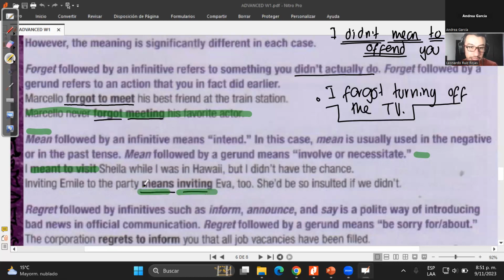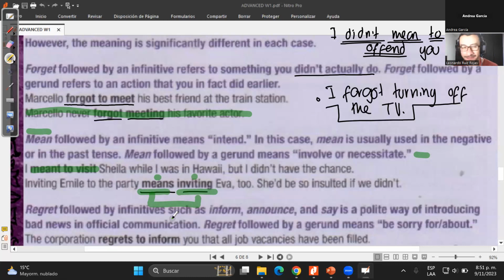In the other case, it's my intention. In this case, one thing causes the other. For example, studying English means dedicating a lot of time to activities, or learning English means watching a lot of videos, for example. So one thing involves or causes the other action. That's when I use mean plus the verb in gerund, right?